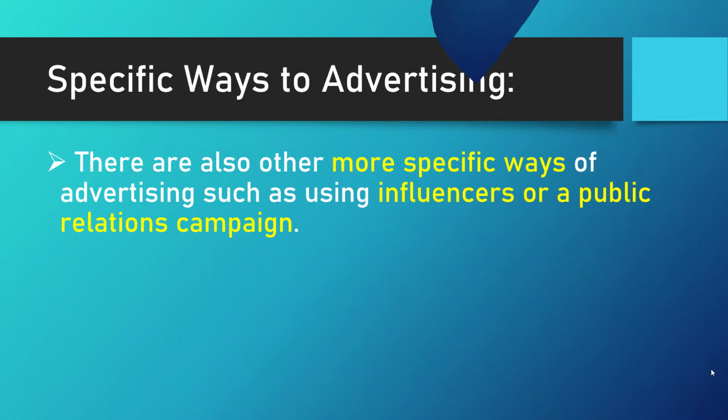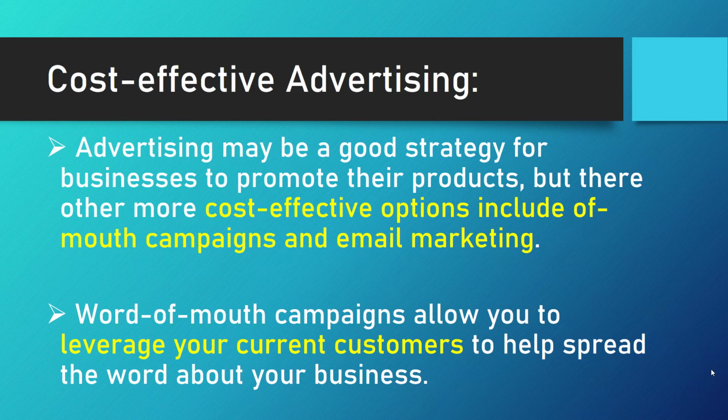There are also other more specific ways of advertising, such as using influencers or a public relations campaign. Advertising may be a good strategy for businesses to promote their products, but there are other more cost-effective options such as word-of-mouth campaigns and email marketing. Word-of-mouth campaigns allow you to leverage your current customers to help spread the word about your business.